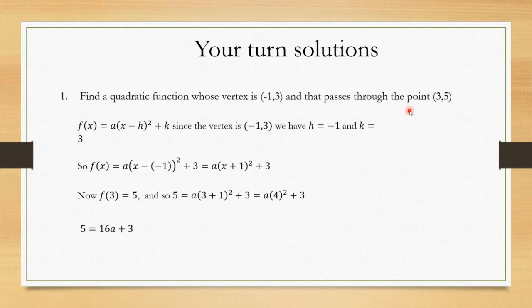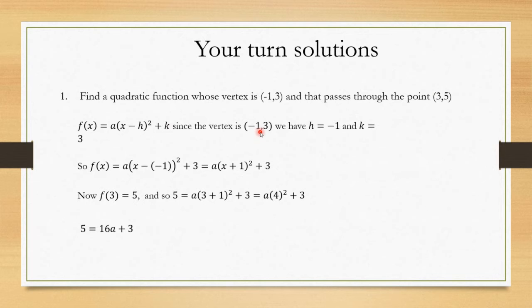Now we have f of x equal to this. Again, we're going to use our standard form. I don't remember what the other form is called, but this is the standard form. From here, we know what the vertex is.